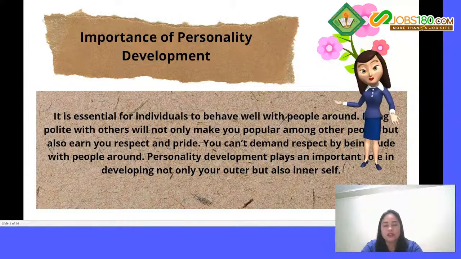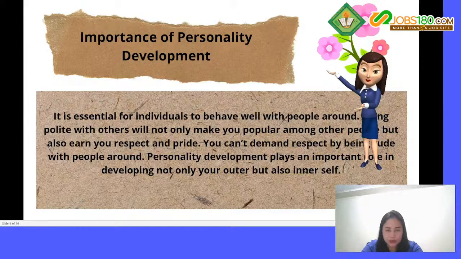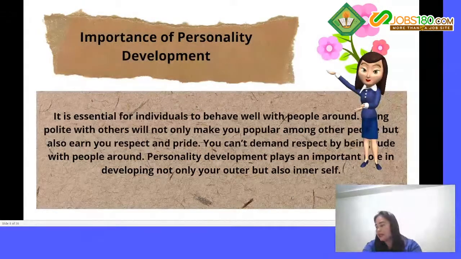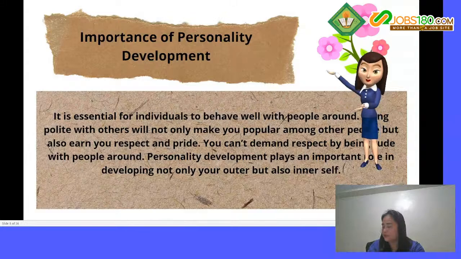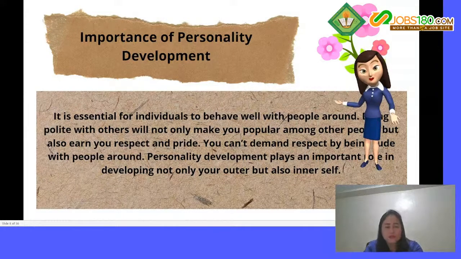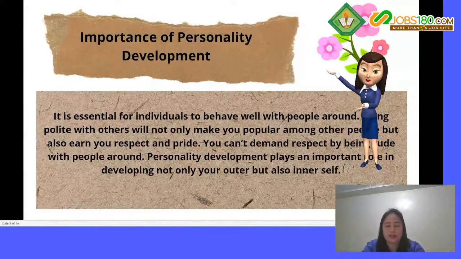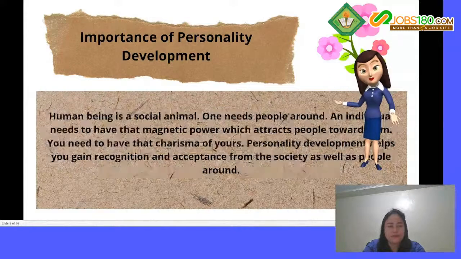Okay? Hindi naman ang pagkakaroon mo ng personality development ay para sa ibang tao lang, hindi lang para sa ibang tao, para sa iyong sarili. Yun ang pinaka-importante. Okay? Sunod.